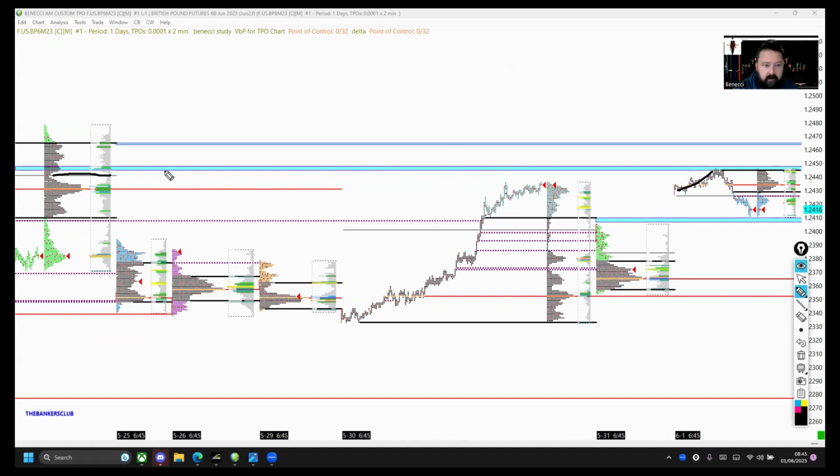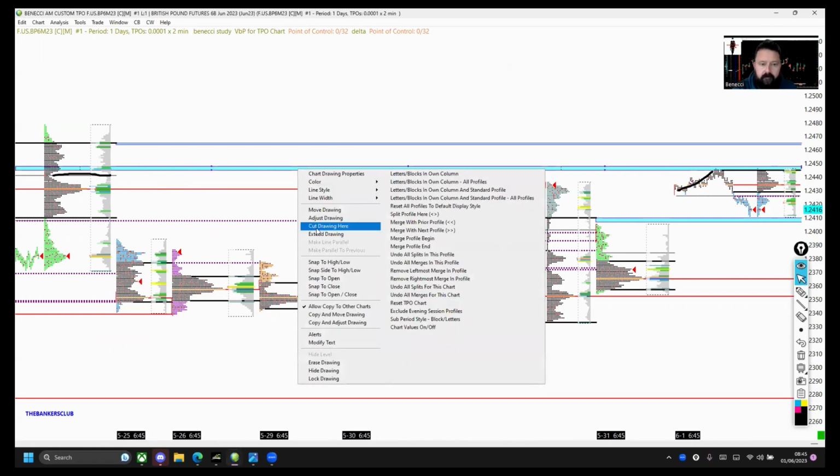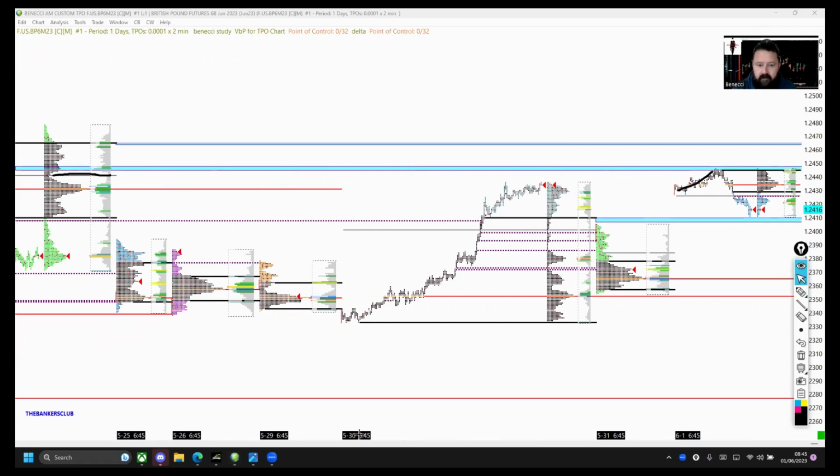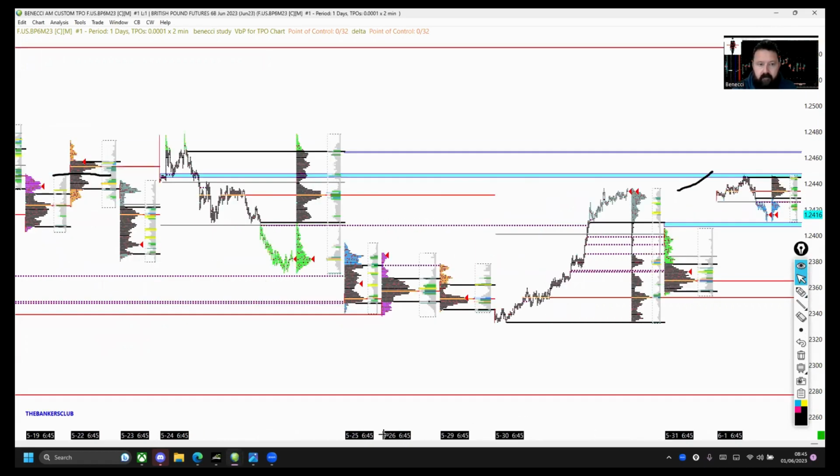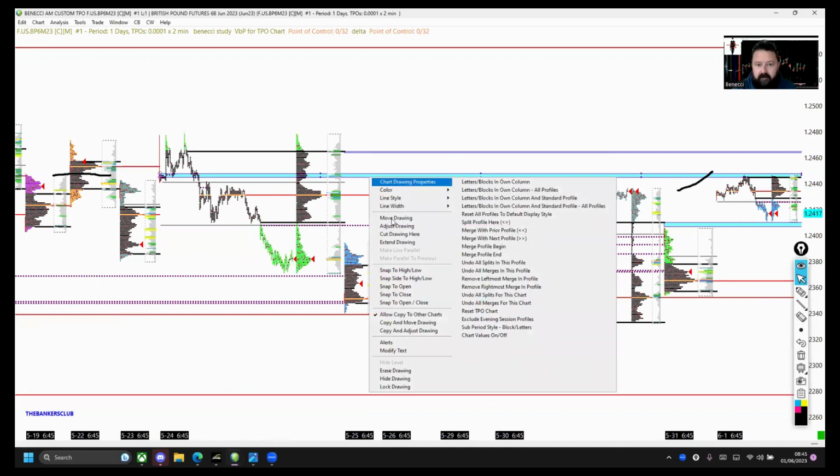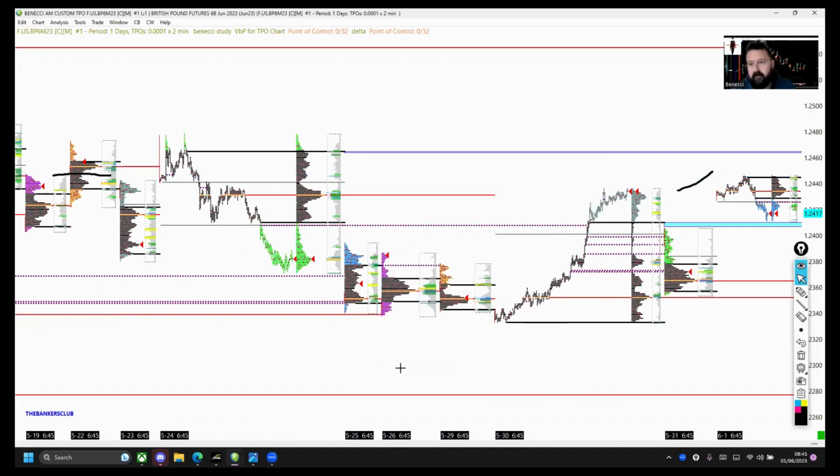If I just delete this, you'll be able to see it easier. Actually, hold on a second. Let me just drag this across. It's better. Right, so let me delete this blue box, which is where we rejected from. And you'll be able to see there's a volume node there.